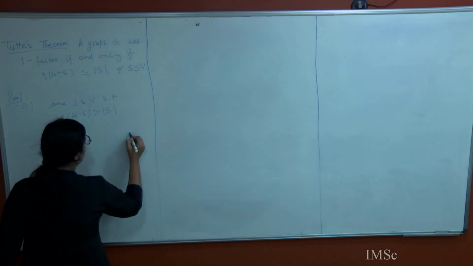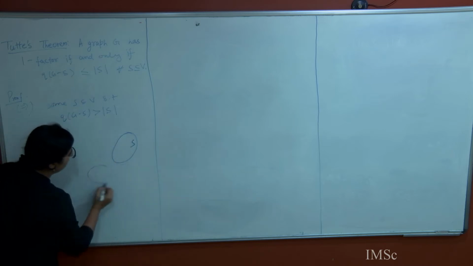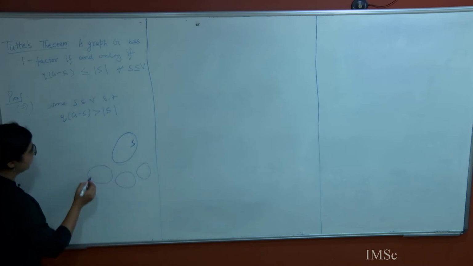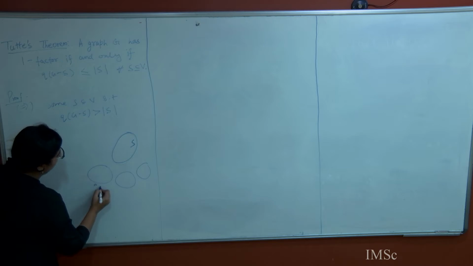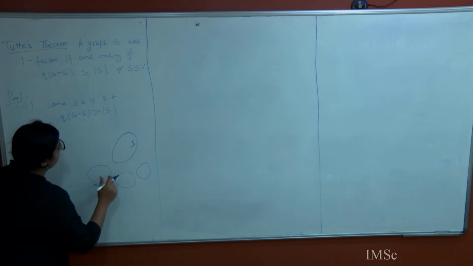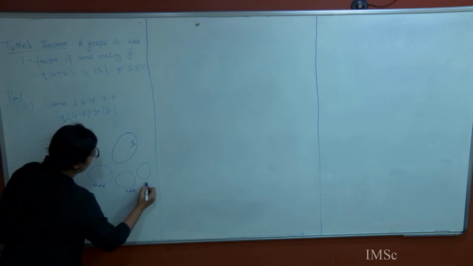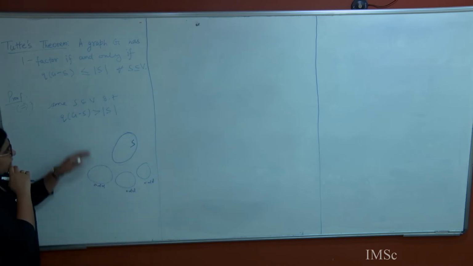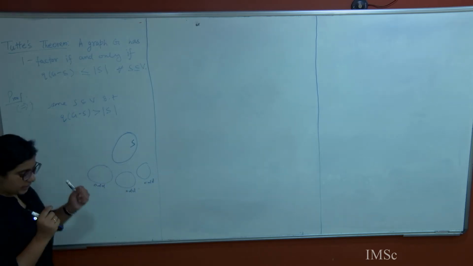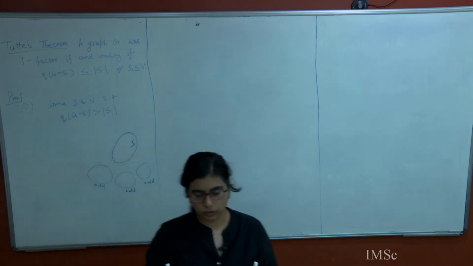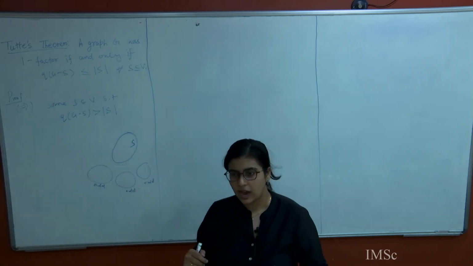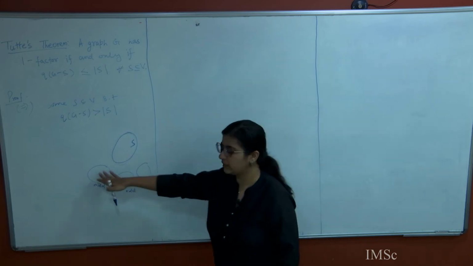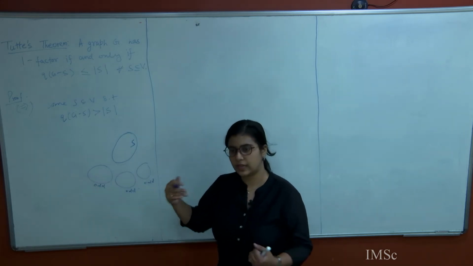So we have this set S, and we have this number of components. These are odd components. For any odd component, if I want a perfect matching, I cannot match everybody inside the component, because its size is odd.